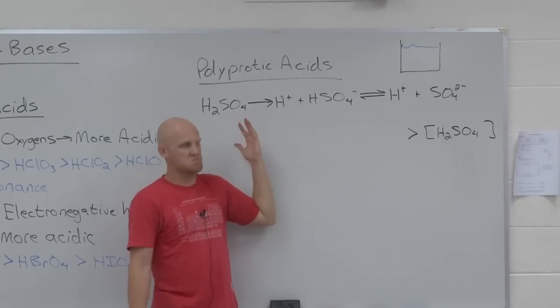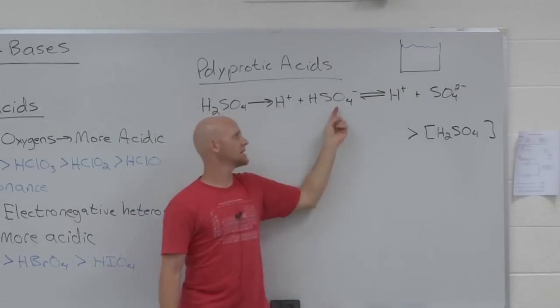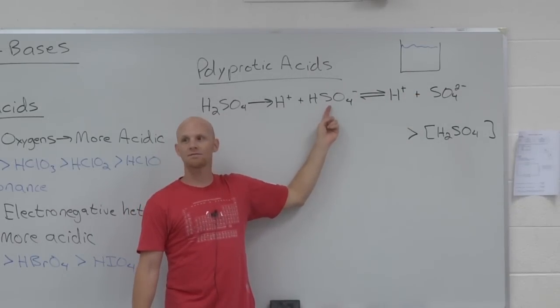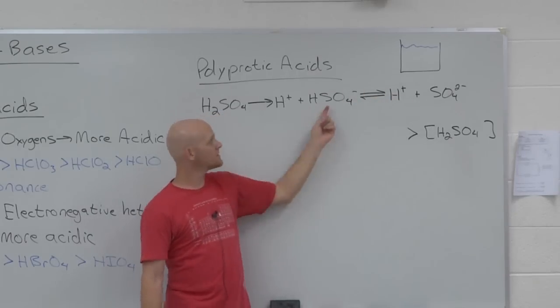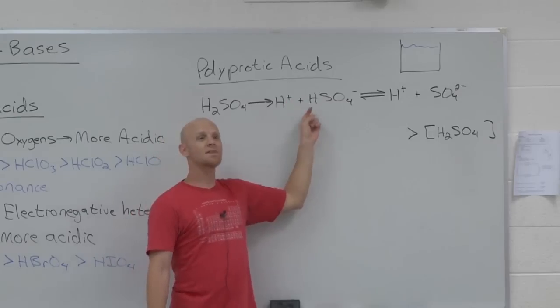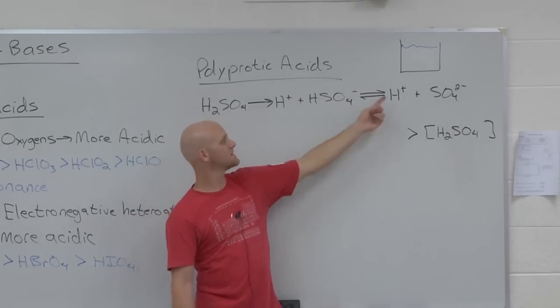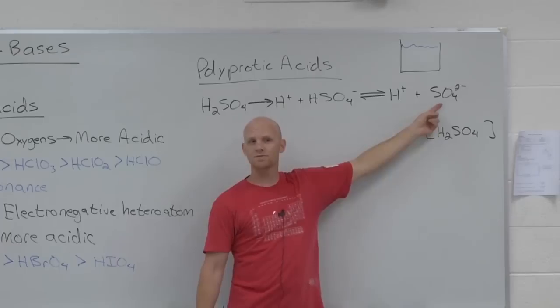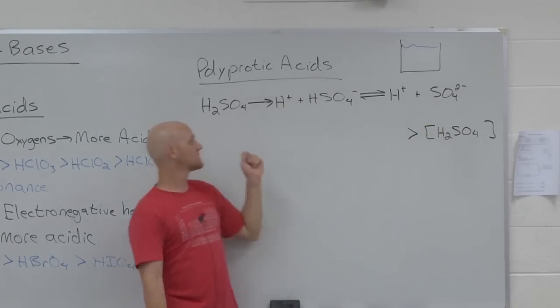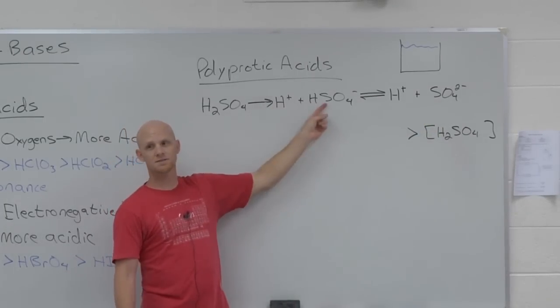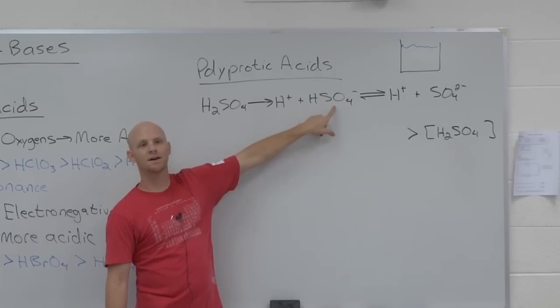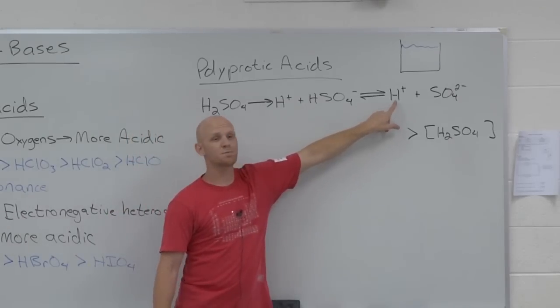So 1%, let's say. If 1% of these dissociate, that means 10,000 of them are gone. 990,000 of them are still around, but 10,000 of them dissociated to give 10,000 of those and 10,000 of those. So notice, you originally got 1 million of both of these, but this one's down to 990,000.